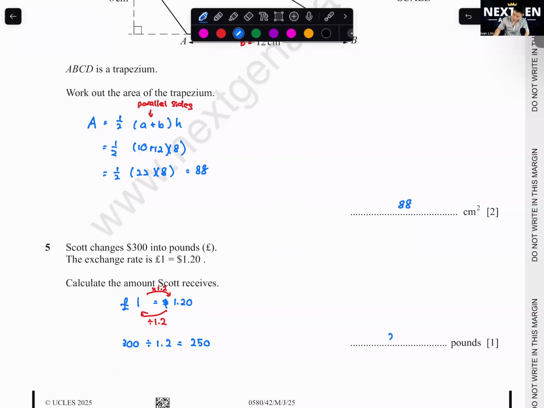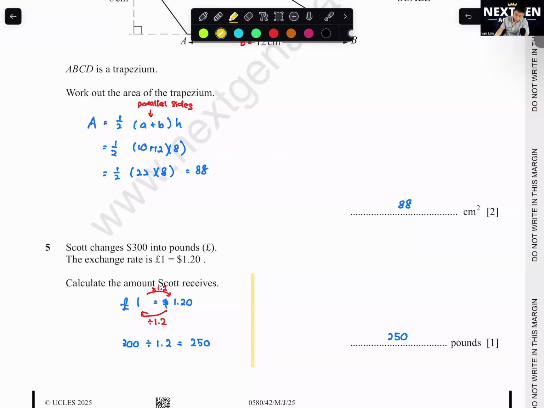But let's say you don't know how to do this, and you say, teacher, I'm not sure whether I need to multiply or divide. My recommendation is you normally do this if your ratio is not 1. Maybe they give you some other ratio, like 1.3 pounds equals $5.2, some really weird kind of conversion.